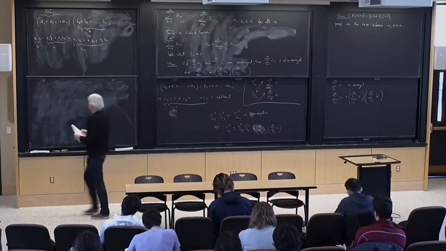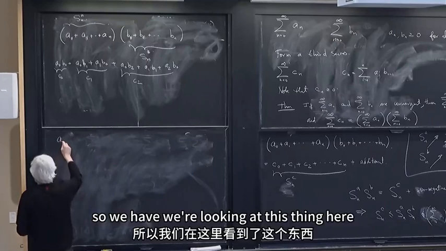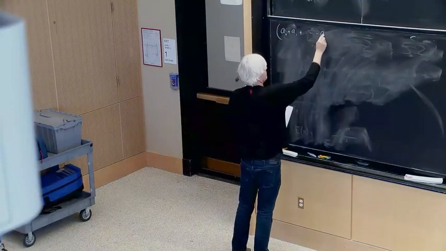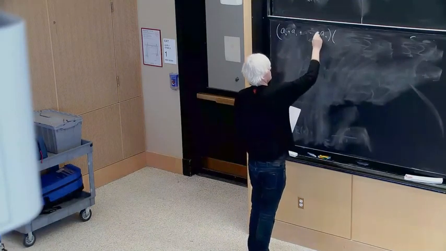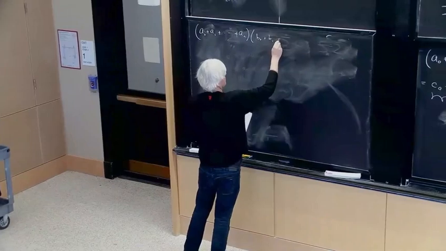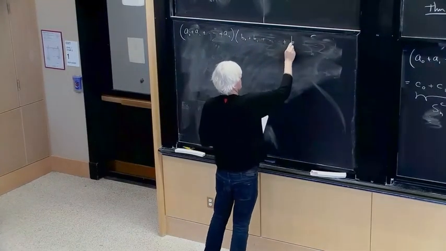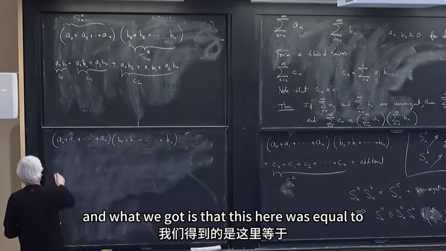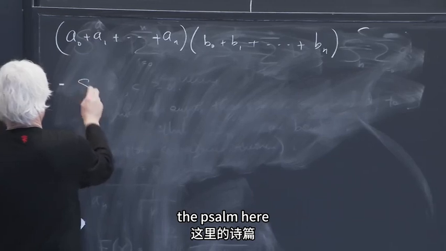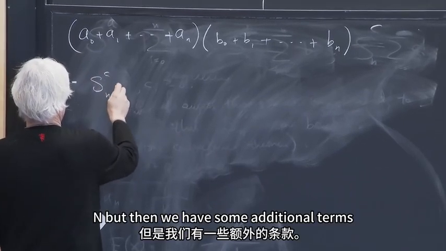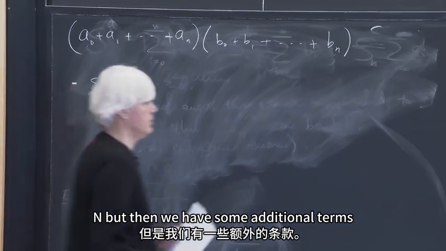So again, we're looking at this thing here. And what we got is that this here was equal to the sum of Cn, but then we have some additional terms.